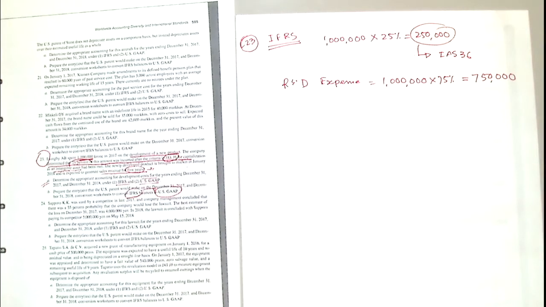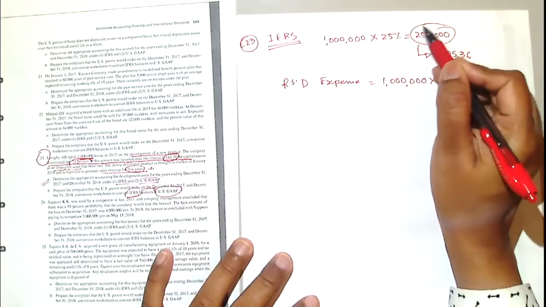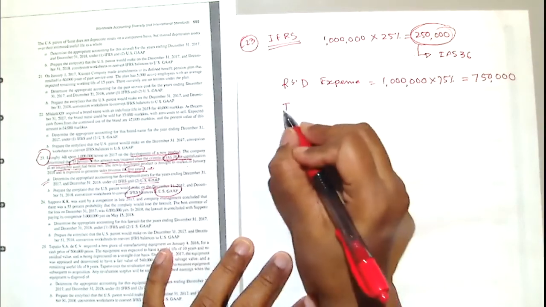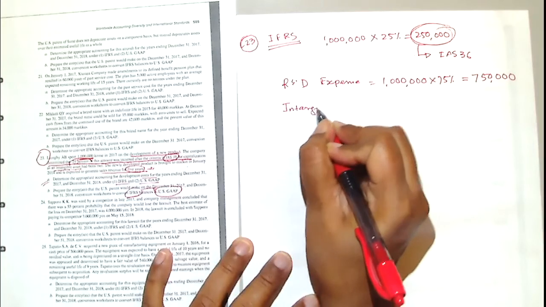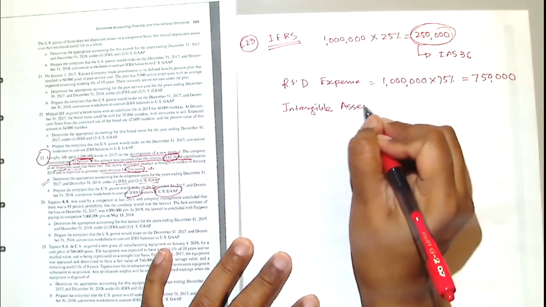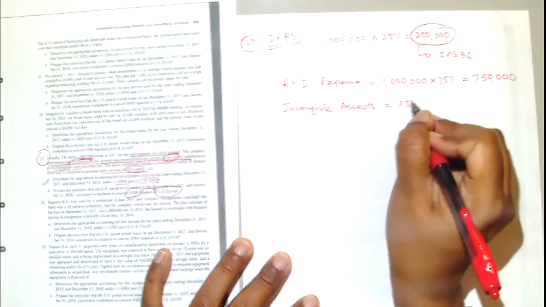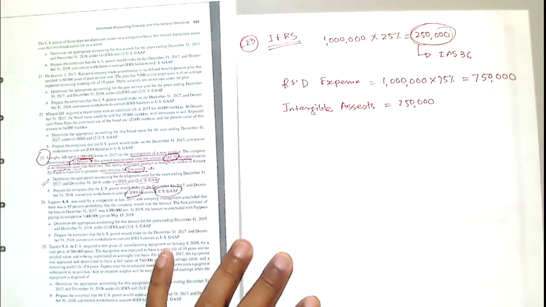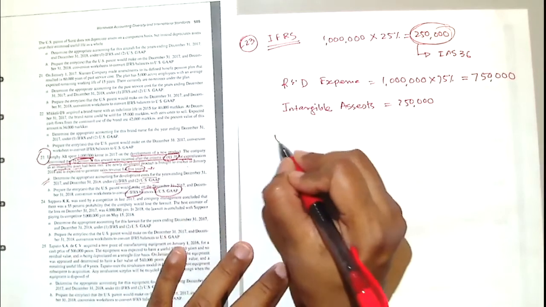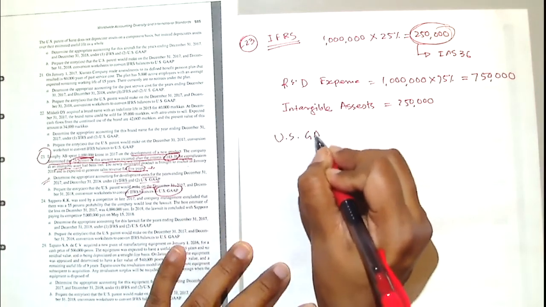Since one quarter, 25%, met certain criteria, this amount you can call an asset. So this 25%, we will call it an asset, 250,000. This is an intangible asset. That's under IFRS. How about US GAAP?